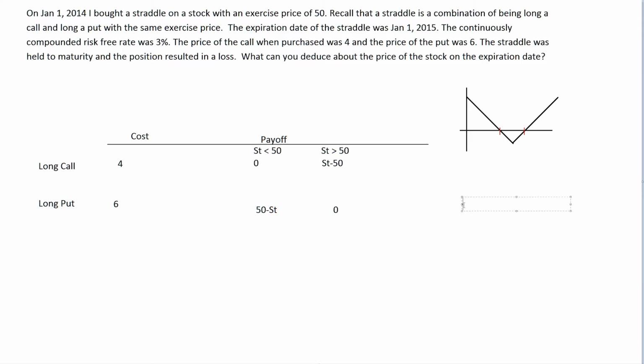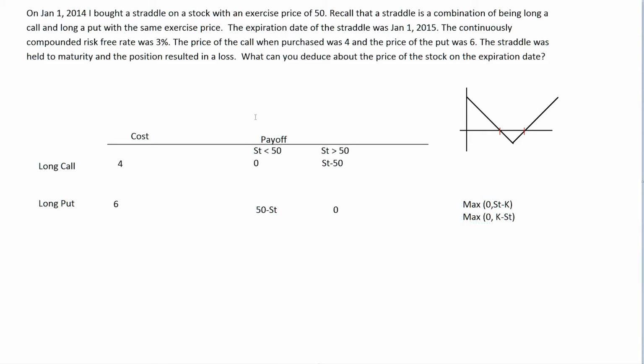So just remember, again, for figuring out the payoffs, that for a call option, our payoff is max of 0 and S_T minus K. And for the put option, it's max of 0 and K minus S_T.